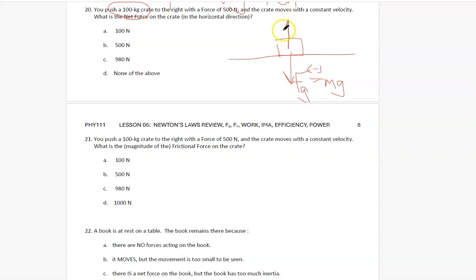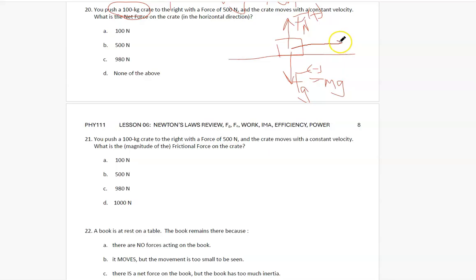We know that there is a force up from the ground, keeping the crate from going through the surface of the ground. That is the normal force. It is pointing up, so I'm going to give it a positive force, and it's going to be the same magnitude as the weight force because those are the only vertical forces.